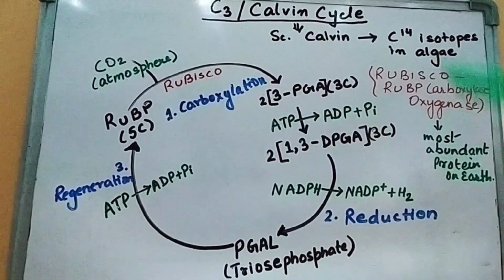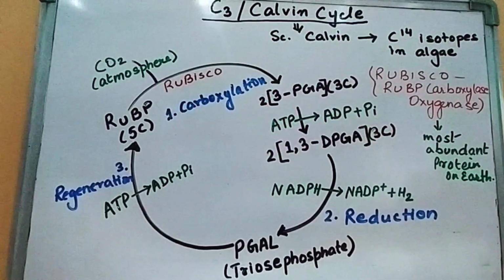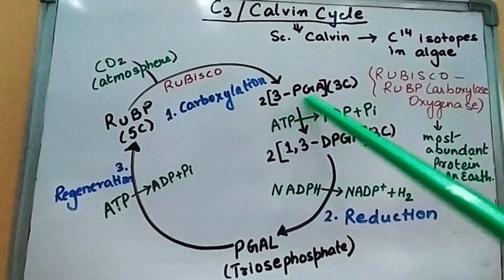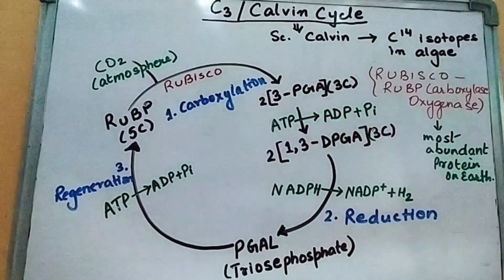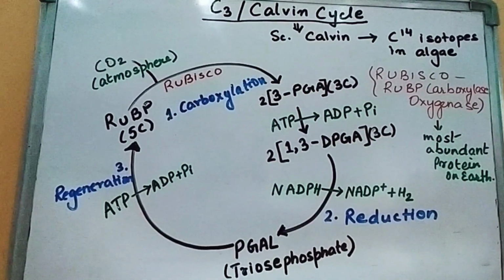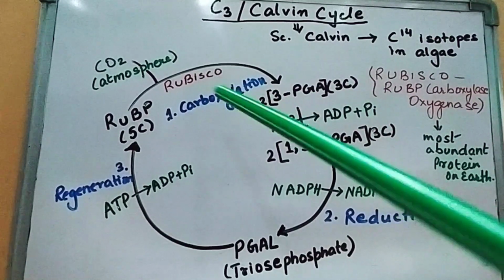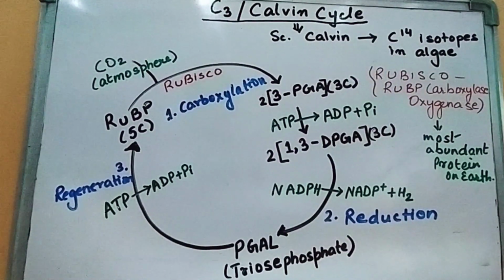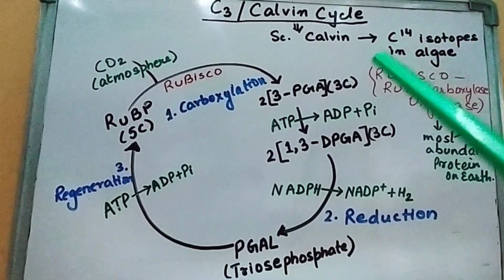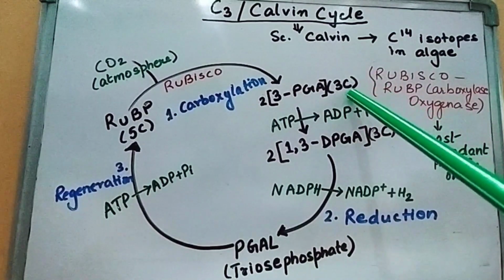This enzyme helps in fixation of carbon dioxide with the RuBP to produce the first compound, which is a 3-carbon compound called PGA or phosphoglyceric acid. Now you must be thinking that a 5-carbon compound plus 1 carbon from carbon dioxide should produce a 6-carbon compound. But what is produced? A 3-carbon compound.